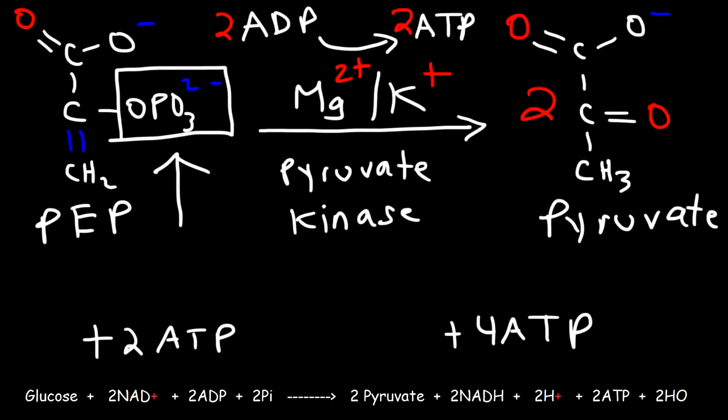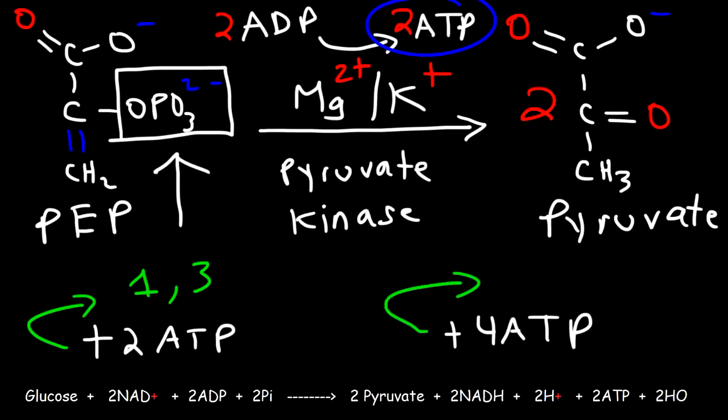In the payoff phase, we gain 4 ATP molecules. So this is the other half of the 4 ATP molecules that we've generated in the payoff phase. So if you want to find out where we consumed them in the investment phase, this is found in steps 1 and 3. Now, these 4 ATP molecules, they're found in step 7 and 10.